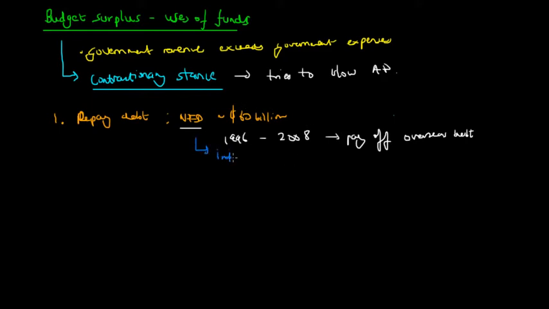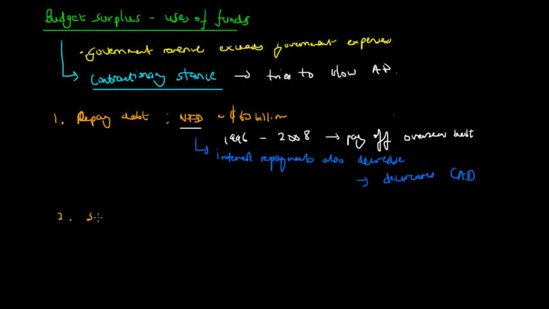So interest repayments also decrease because we have less debt to pay interest on, and therefore this decreases the CAD. And that's another factor contributing to a movement towards external stability. So they could repay debt.